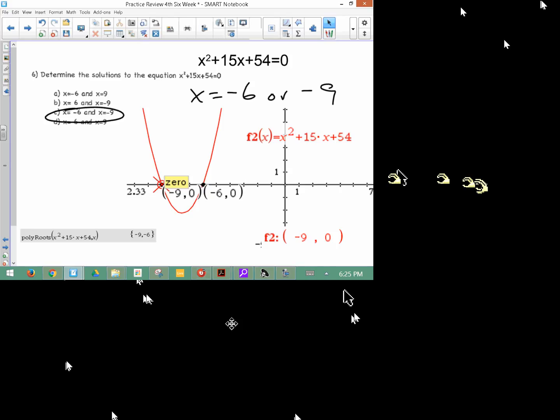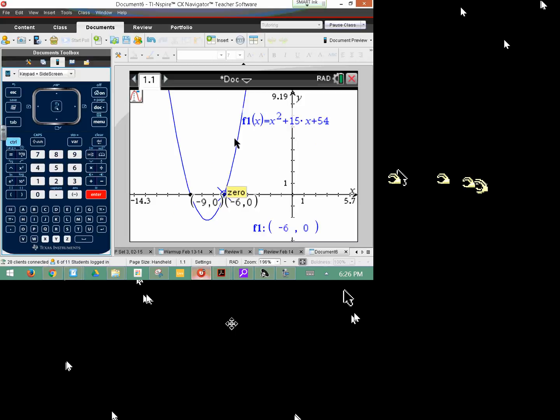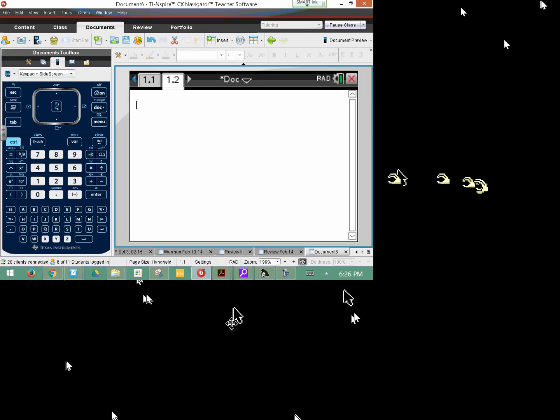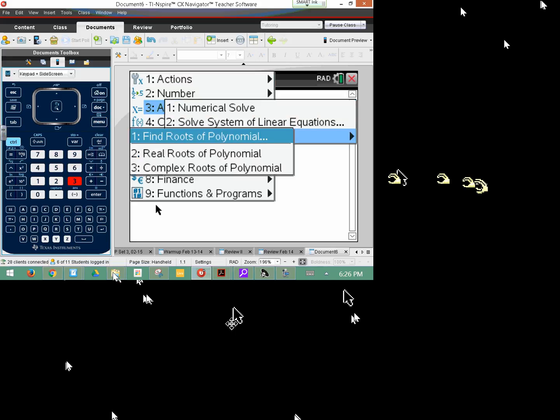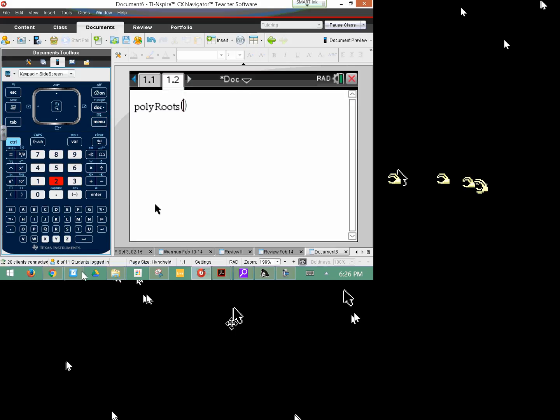Now there is also another way you can solve it. The calculator can solve this directly with the polyroots function, and I'll go ahead and show that as well. So let's go back to the calculator, and this time we'll go to the calculator page. I'm going to press menu, 3, 3, 2, and there's polyroots.